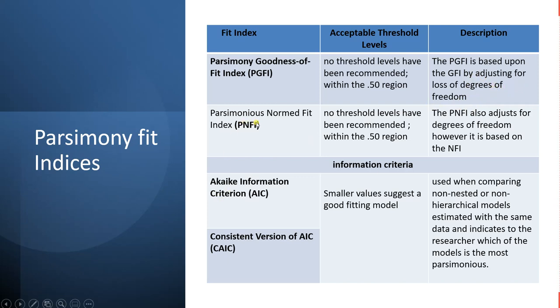Similarly, the PNFI, the parsimonious normed fit index, is based on NFI and adjusts for degrees of freedom. So these two indices are parsimony fit indices based on the incremental fit indices, but after some adjustment.